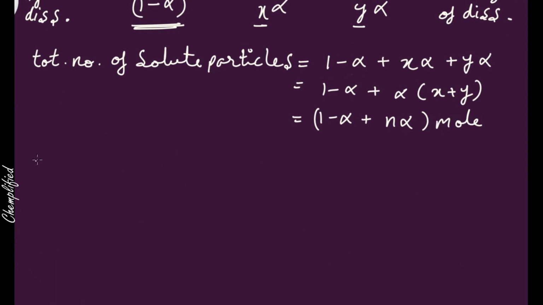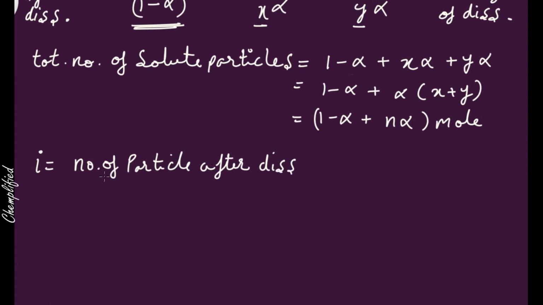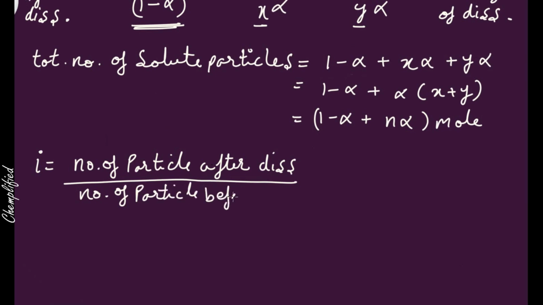Now what is the value of i? i is equal to the number of particles after dissociation upon the number of particles before dissociation.